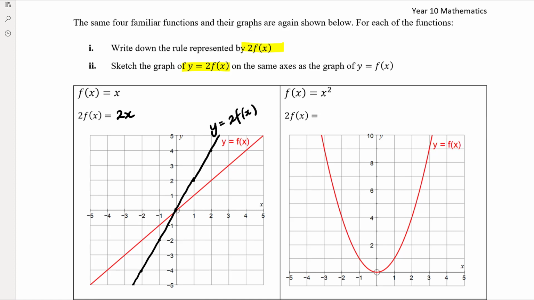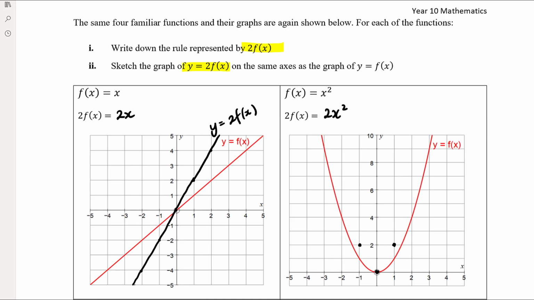If we have the parabola, f of x equals x squared, so 2 times f of x is 2 times x squared. And we know that that's the parabola dilated by a factor of 2 from the x-axis. So remember, that means doubling all the y-coordinates. So if the y-coordinate is 0, it's not going to move. This point 1, 1, when we double its y-coordinate, goes to 1, 2.